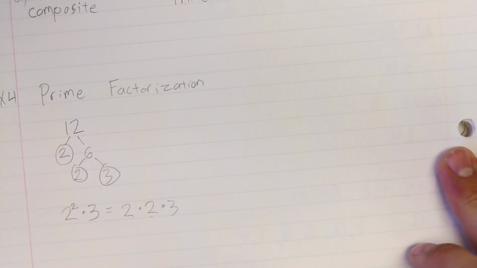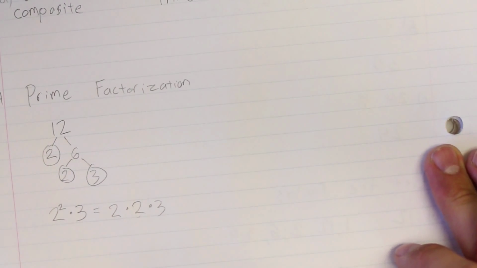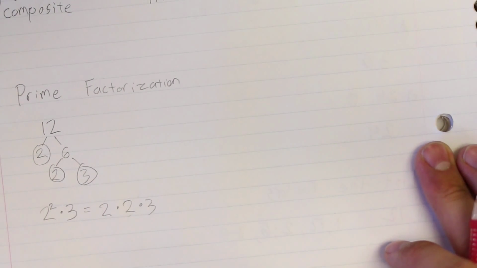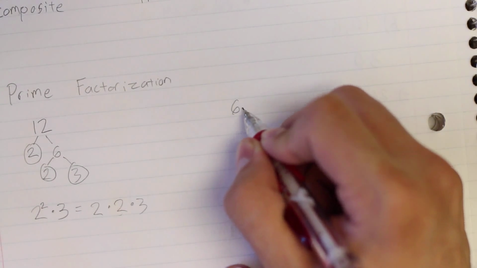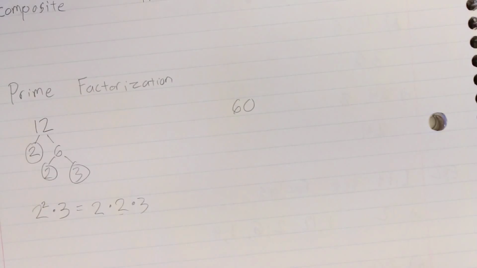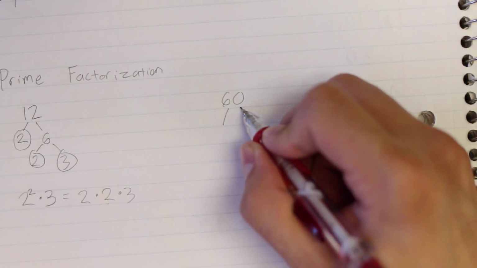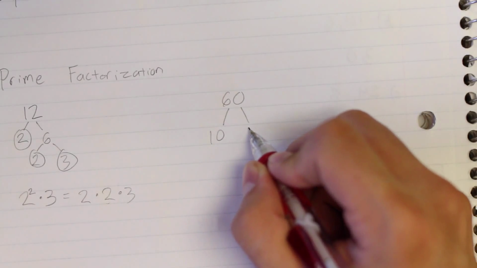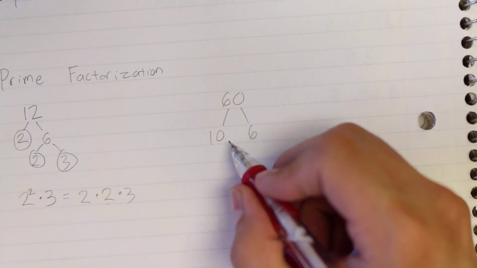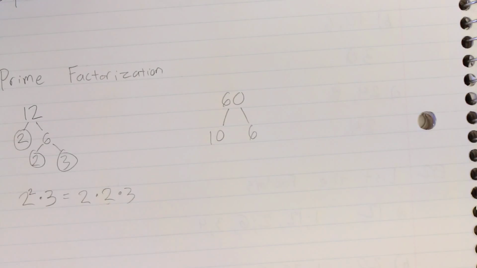So let's think about another number. What about something like 60? We're told to find the prime factorization for 60. So we make our factor tree. I break this down into 10 and 6, because 10 times 6 is 60.